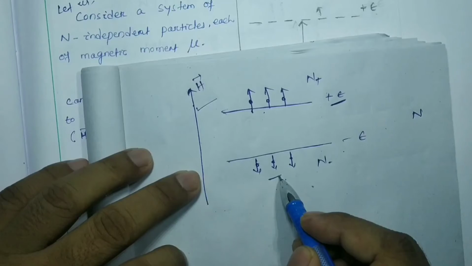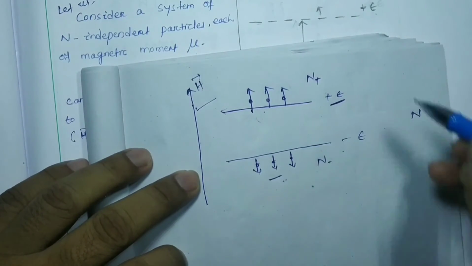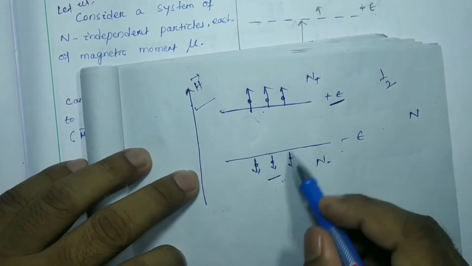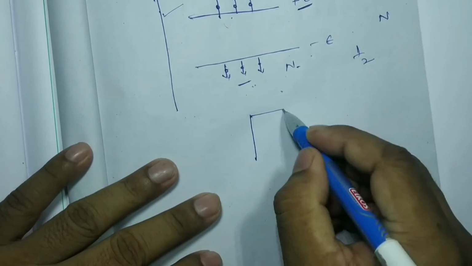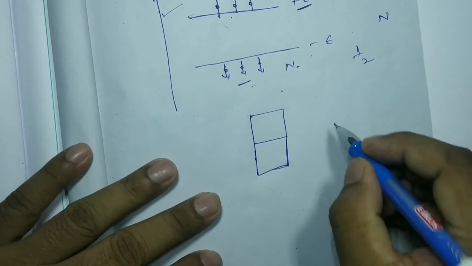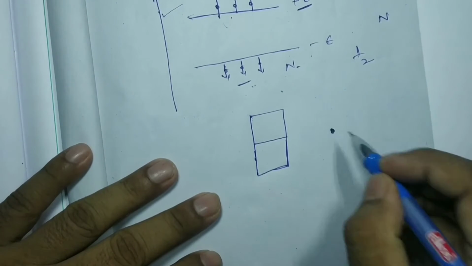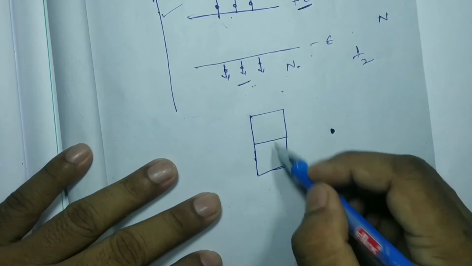So the probability for this orientation will be 1 by 2, and the probability of the other orientation will be 1 by 2. Just recall, suppose we have two compartments. If one particle is here, it has to move to one of these compartments.